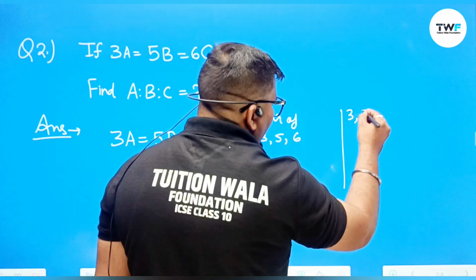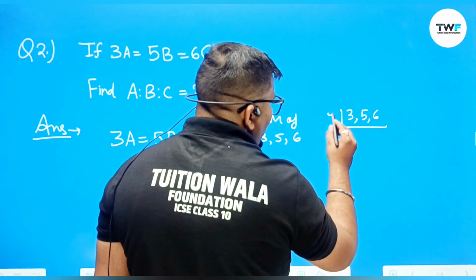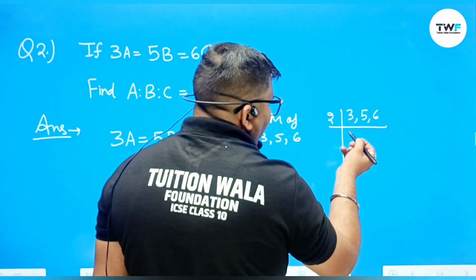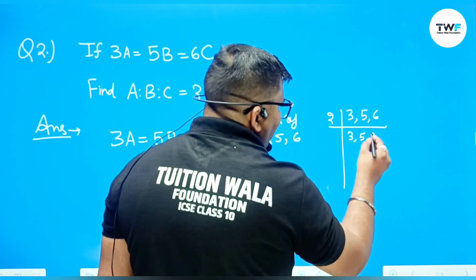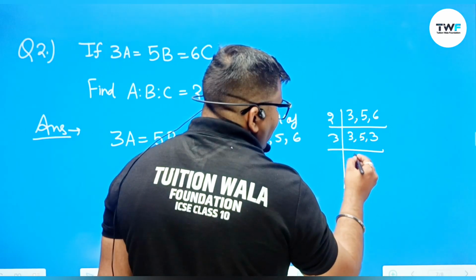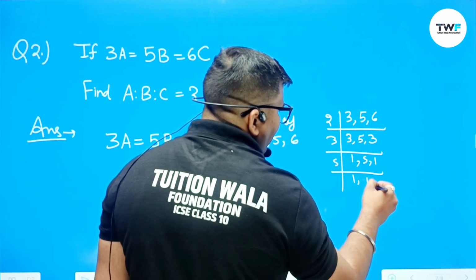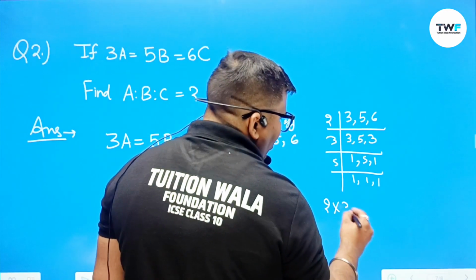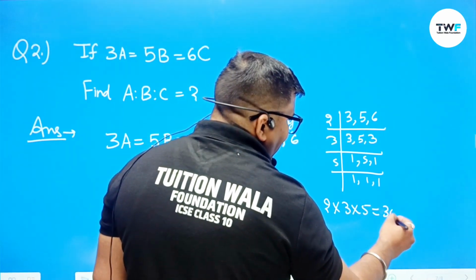Write 3, 5, 6. Use first of all 2. 2 threes are 6. Use 3. Use 5. That means 2 into 3 into 5. 5 threes are 15, 15 twos are 30.